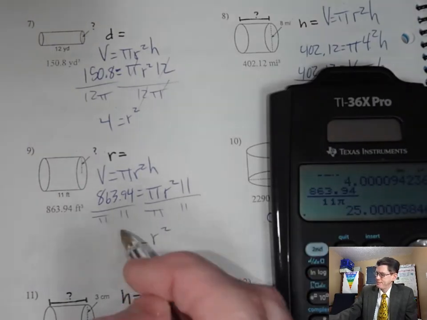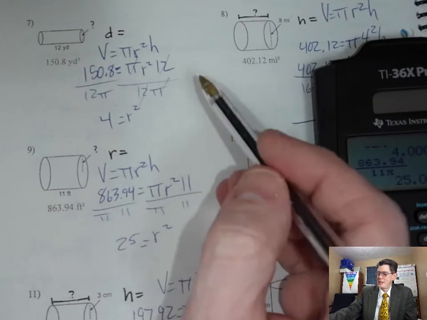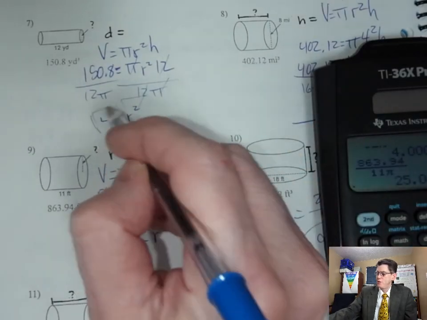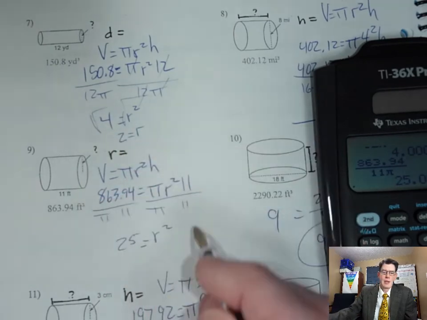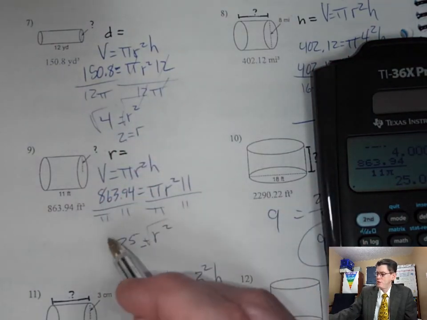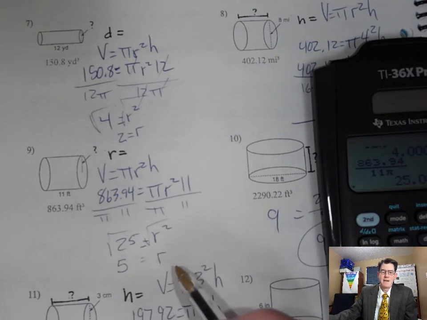That's 25. The last step on these is to take the square root. So take the square root of both sides. R becomes 2. And on this one, taking the square root of both sides, R becomes 5.